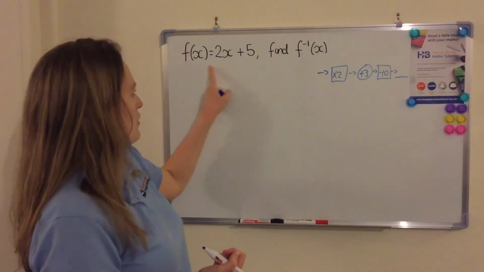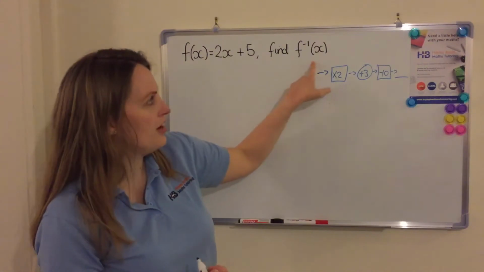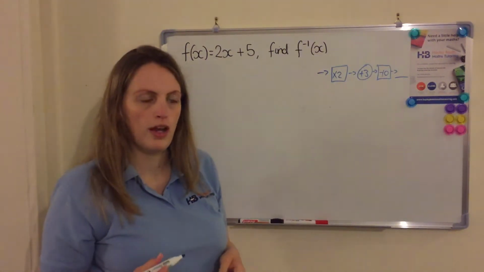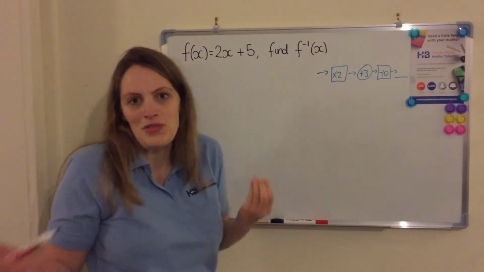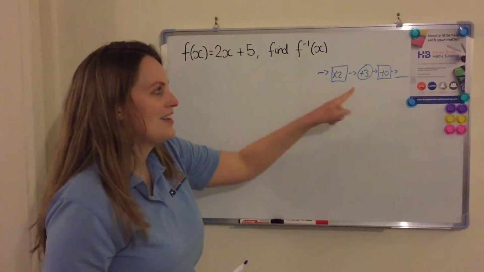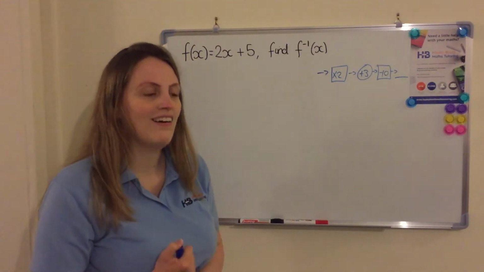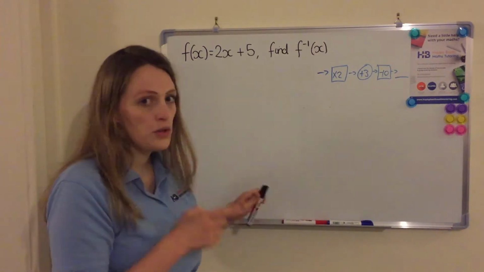So this function is saying to times whatever your number is by 2 and then add 5, and when we find this inverse function it's going to tell us how to go backwards just by putting it into a formula. And obviously you can get some quite complicated functions, so it is a little bit more advanced than this, but that's the basic idea behind it, and I'll show you how we can check our answers using that at the end. But here's how you work it out.